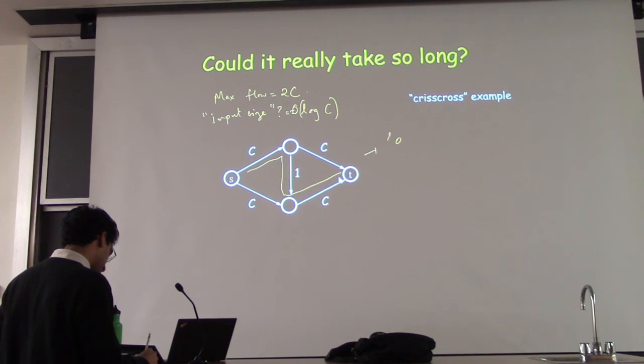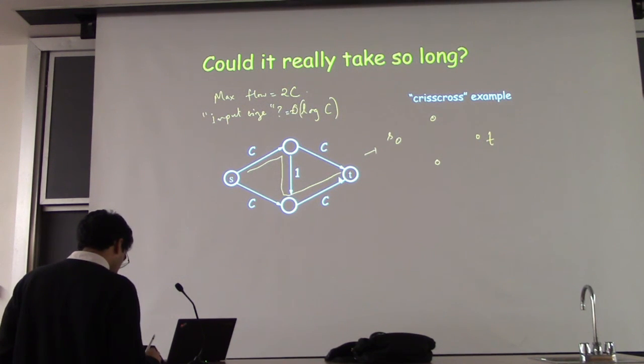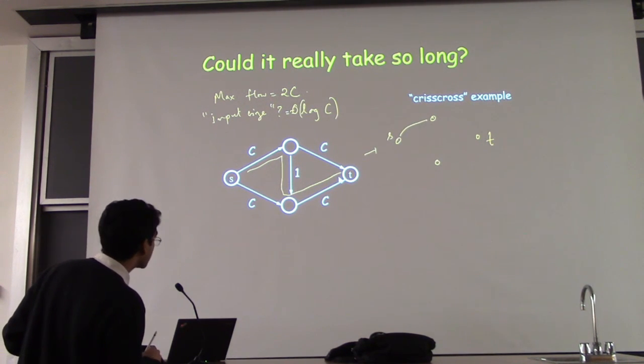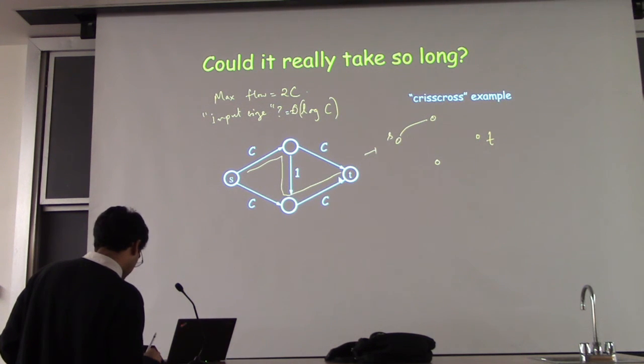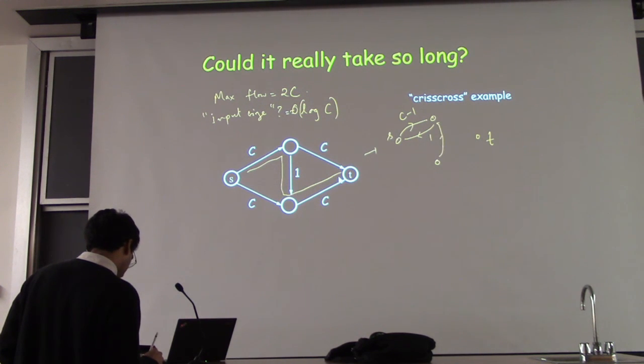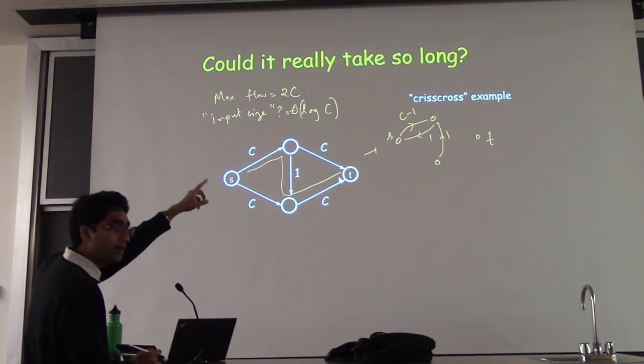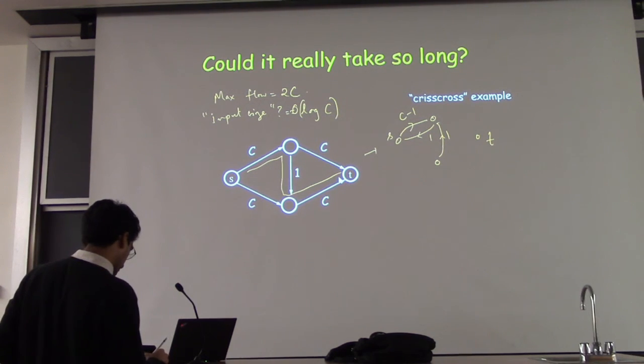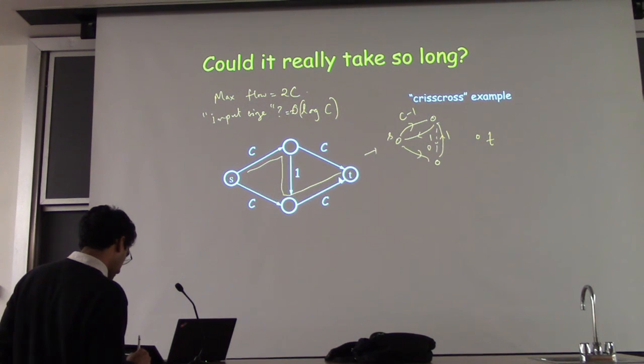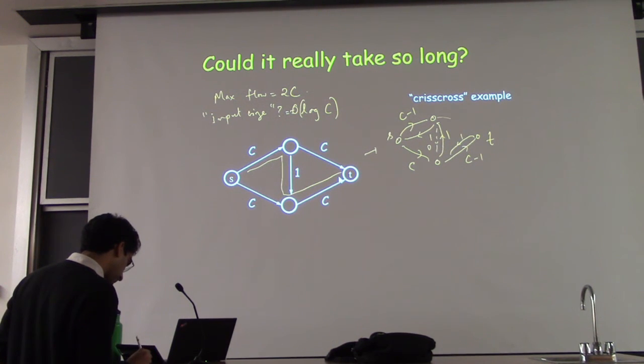This will be S. The residual graph for this flow has C minus 1 here, and an edge 1 here and an edge 1 in the opposite direction. I'm not drawing the zero edge that goes forward. There's C minus 1 forward and 1 backward, and here there is C forward.